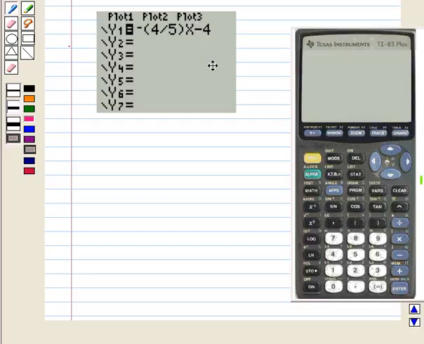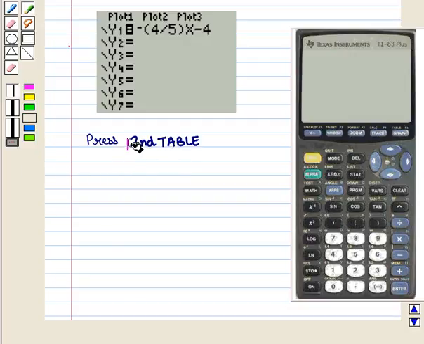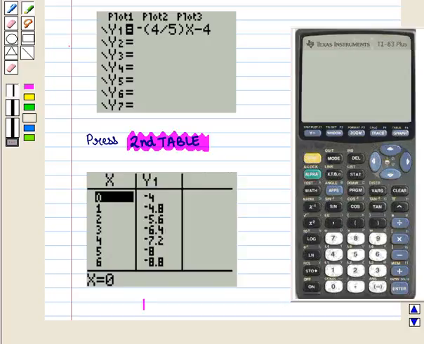Now let us see its table. Now we see that table is written above graph key. So we press second table, that is this second key and this table key simultaneously, and we get the following table on the screen.